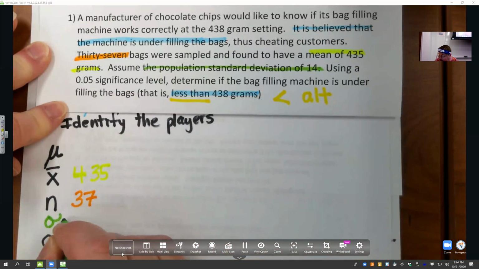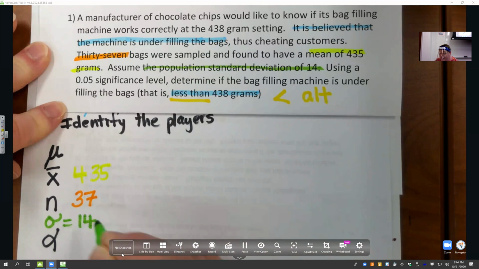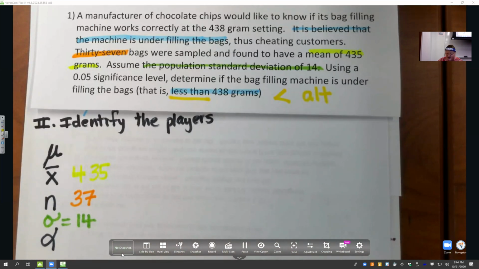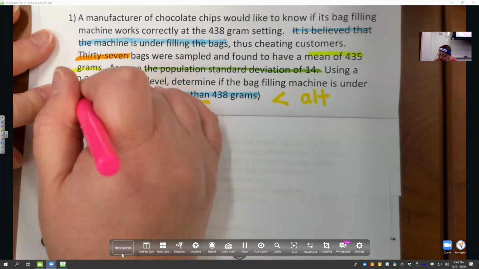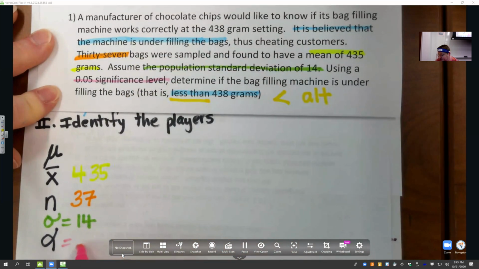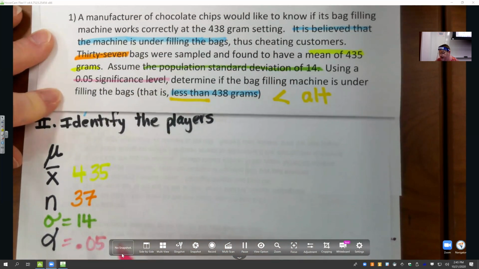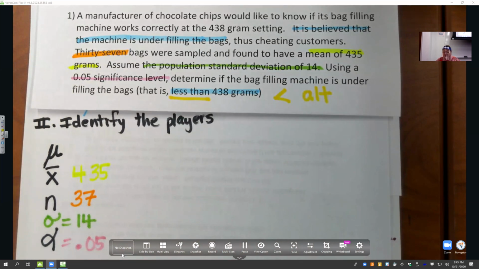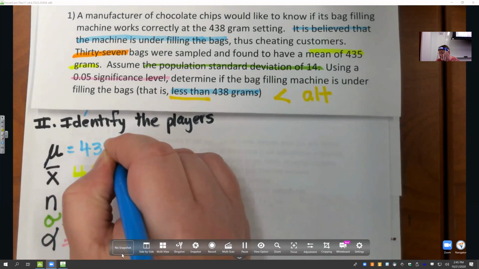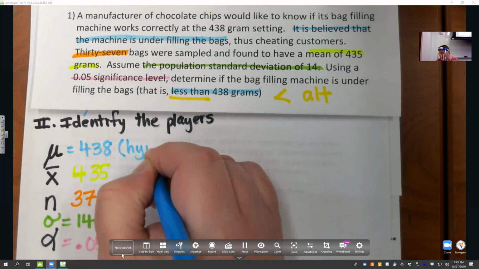So in this case, it's giving me the population standard deviation, and it's 14. Using a 0.05 significance level. The population mean comes from your hypothesis. Okay, so it's 438. This one comes from your hypothesis.